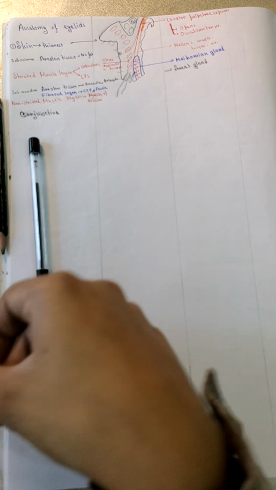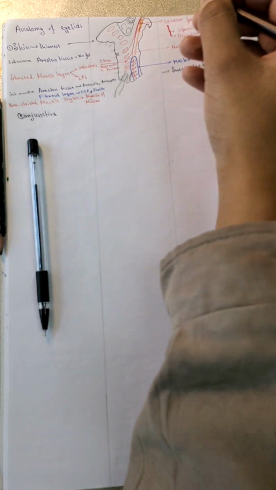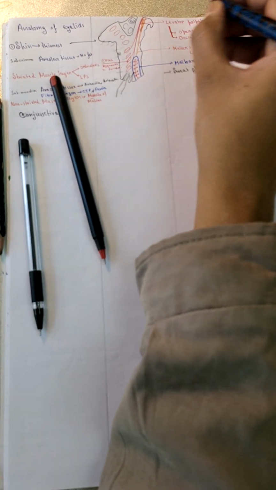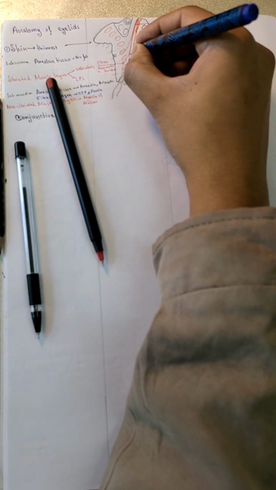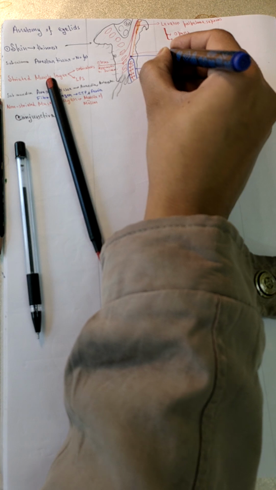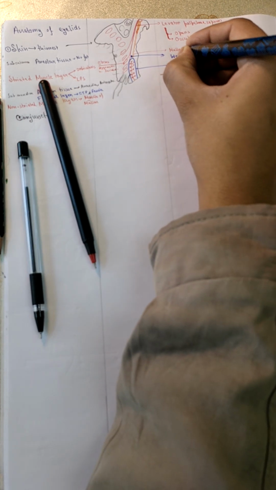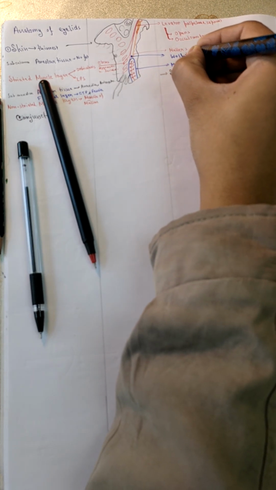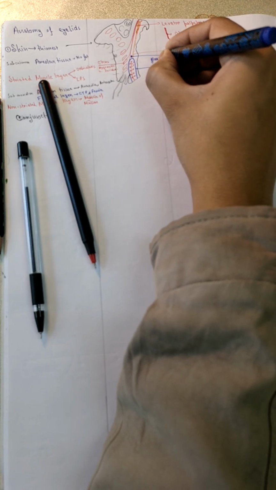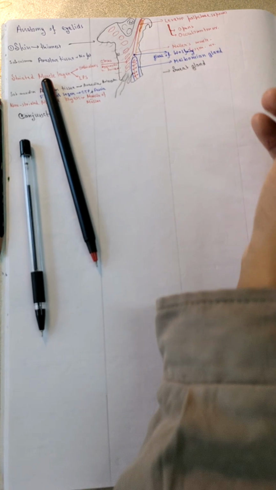Next, above it, the gland of Wolfring. Here in between these I have muscles, and the gland of Wolfring.